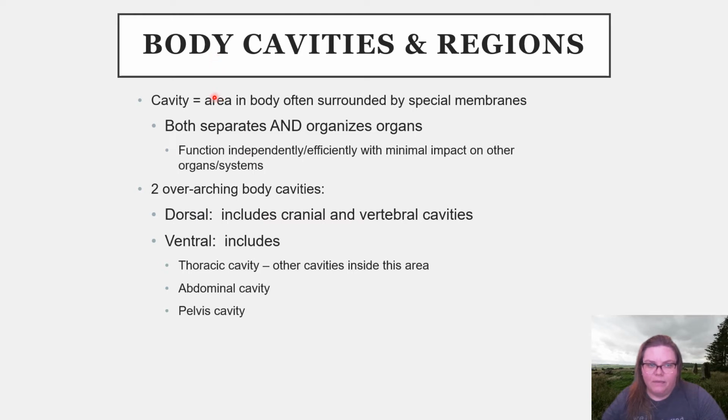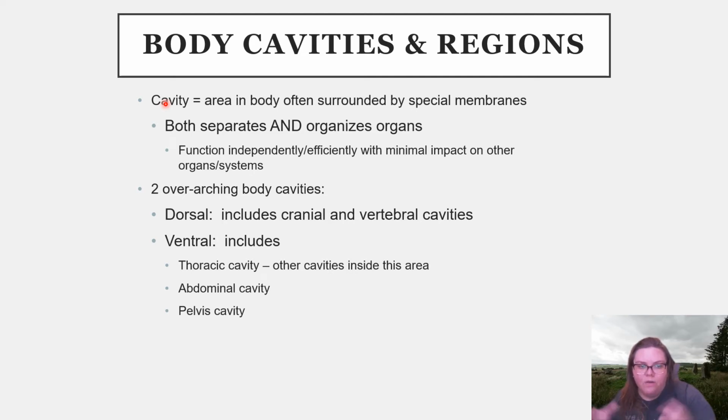Body cavities. So a cavity is an area in the body, often surrounded by special membranes. These both separate and organize your organs. And so they function independently and efficiently with minimal impact on other organ systems, and that's what makes it a cavity.